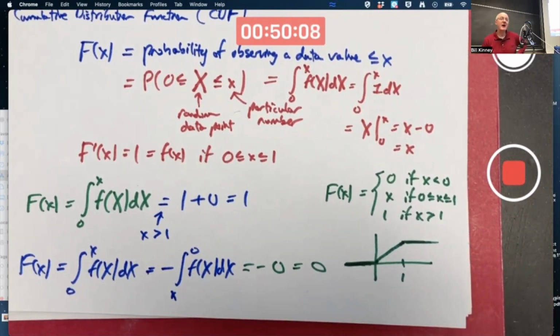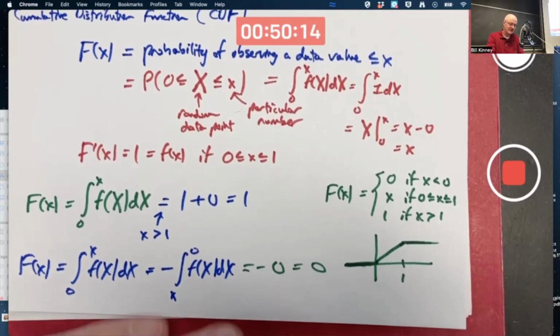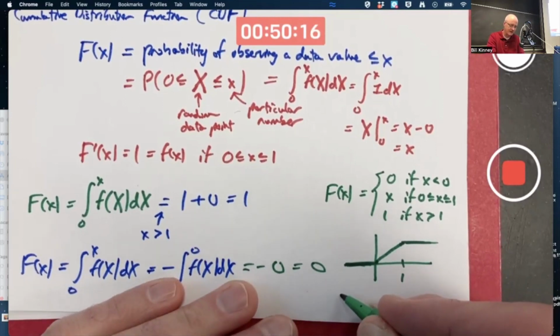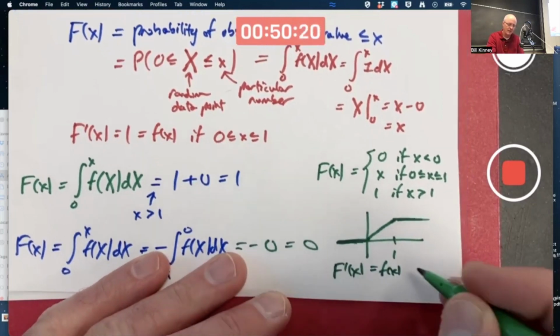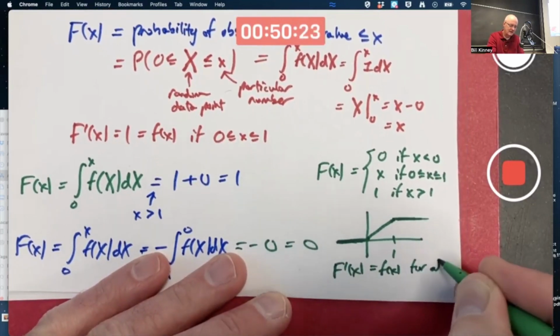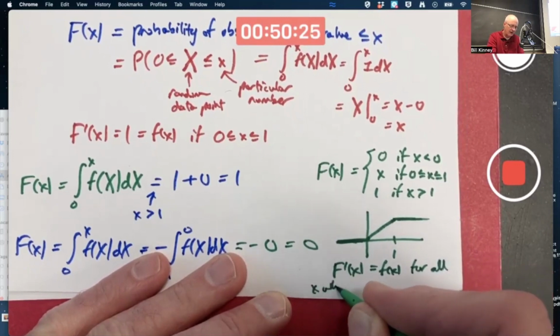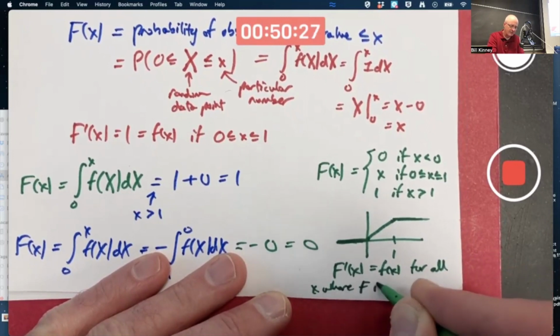And that is a function such that wherever it's differentiable, its derivative equals little f. Capital F prime of x equals little f of x for all x where capital F is differentiable.